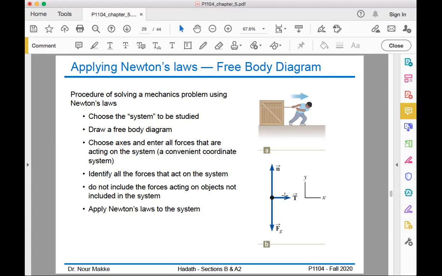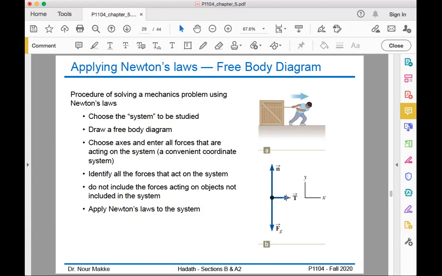And you have the tension in the cord, because this person is pulling this box by pulling the cord. That's why you have a tension acting in the same direction as the motion, or as well, the same direction as that applied by the person to pull the box.